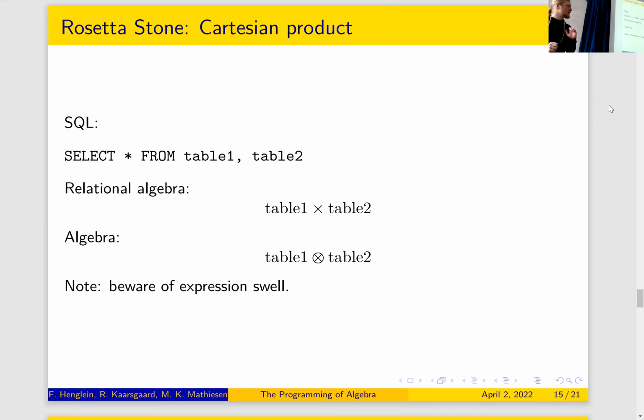Whereas in our system, that's a tensor product, and as I just mentioned before, we don't want to have any obligation to expand this out. Depending on what we're doing with it, we probably will refrain from materializing this. So beware of the expression swell. It's going to happen.